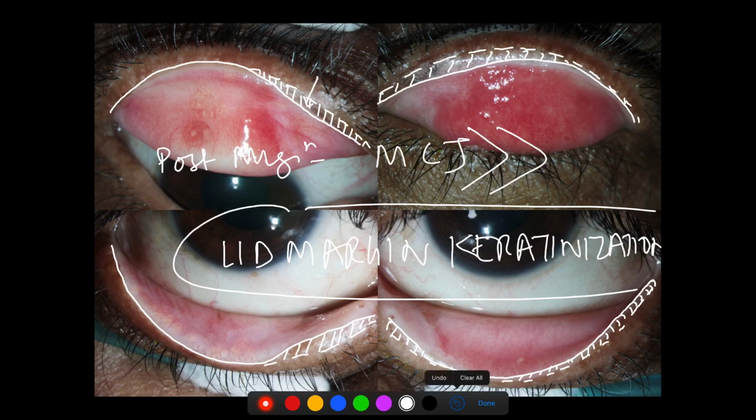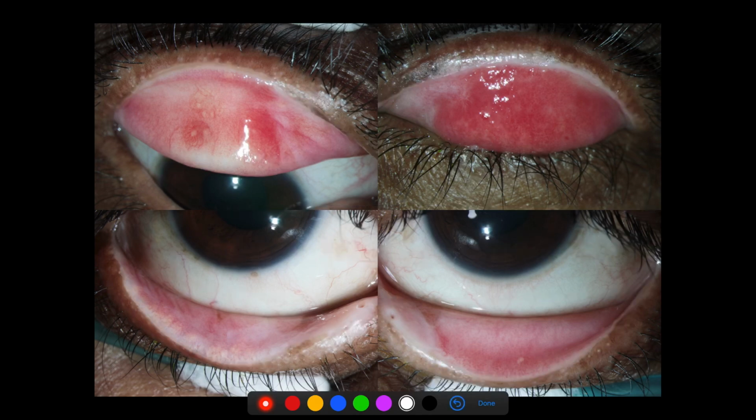Okay, and I'll tell you why. That is because keratinization, like I showed you in the histological sections before, is something that you can only see under the microscope. You cannot diagnose keratinization just by looking at the change in the color. It is something that you can only diagnose on the microscope.